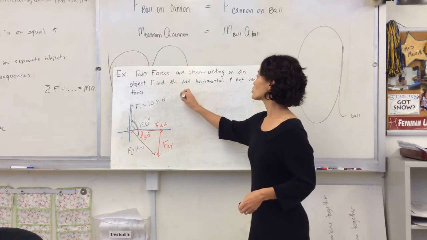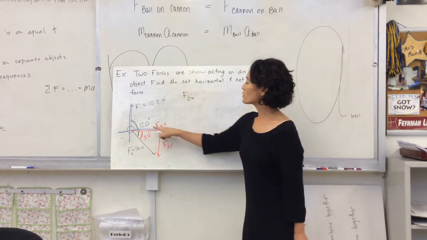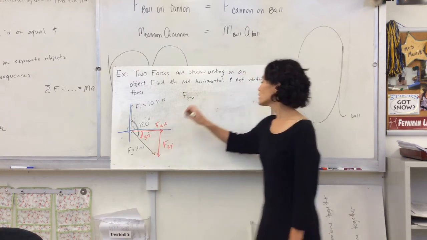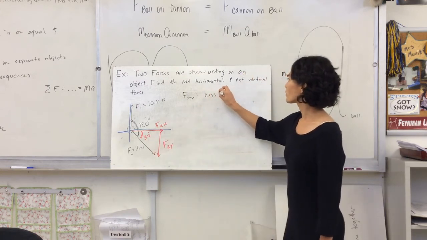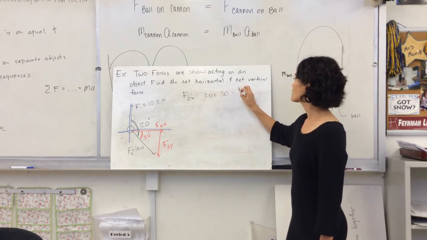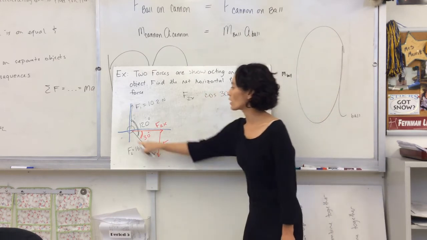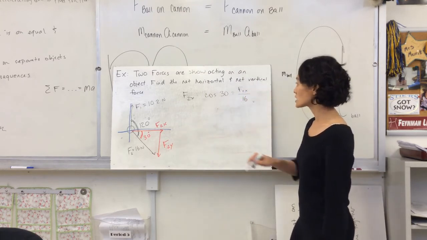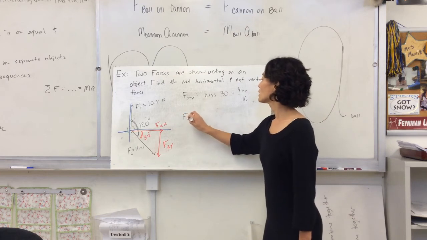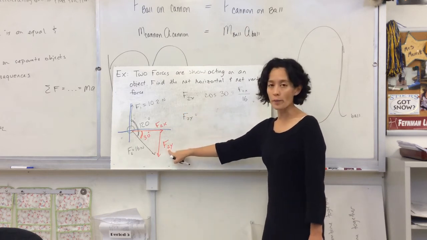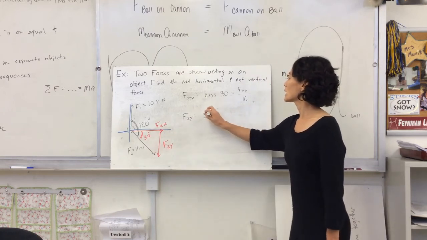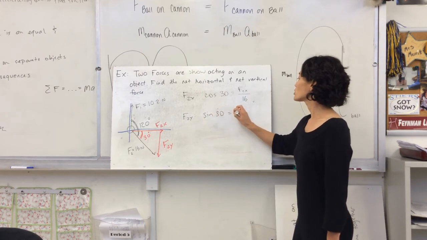So if I look at F2x, F2x is adjacent to this angle, and so for the adjacent we're going to use cosine. So cosine of 30 would be equal to F2x over the hypotenuse value, which is 16. And similarly for F2y, F2y is opposite this angle, so we would use sine. So sine of 30 would be equal to F2y over 16.